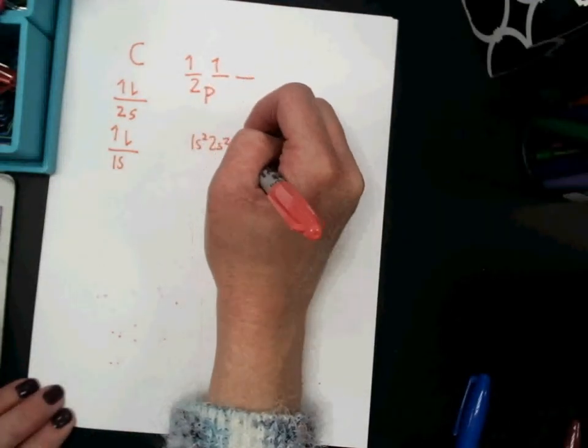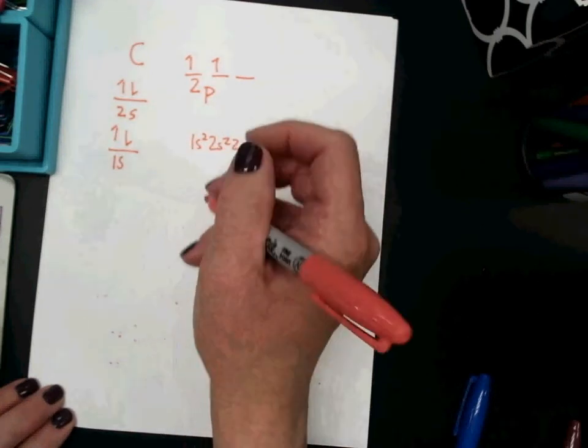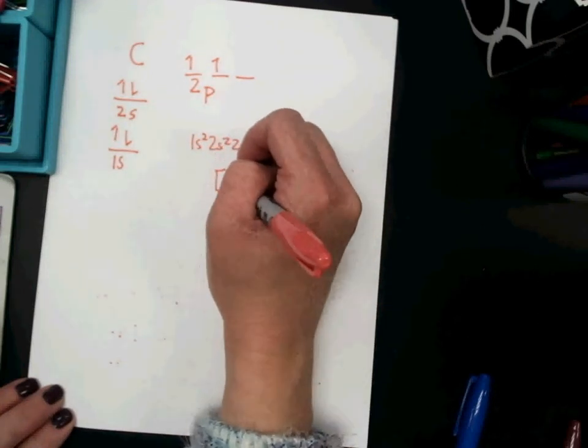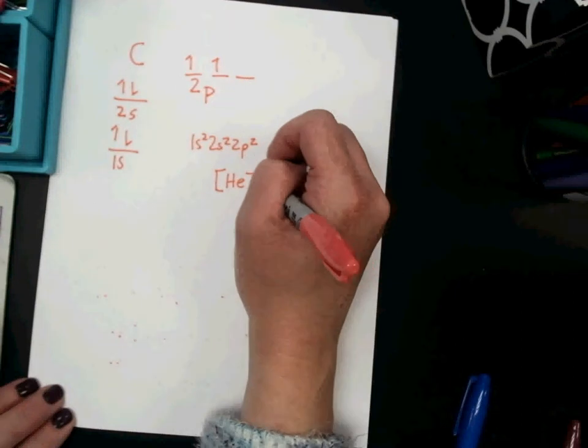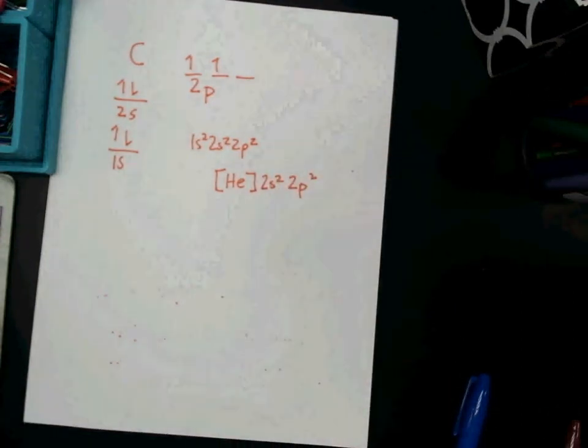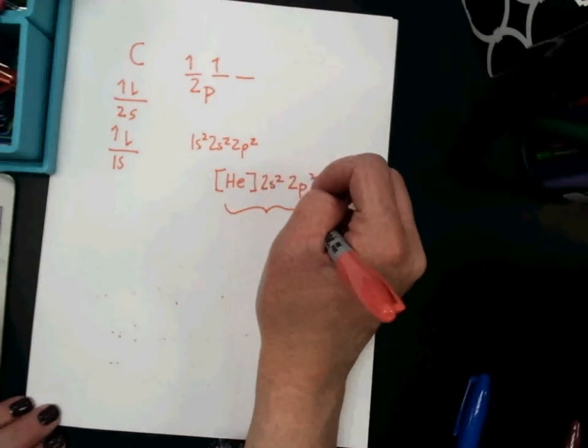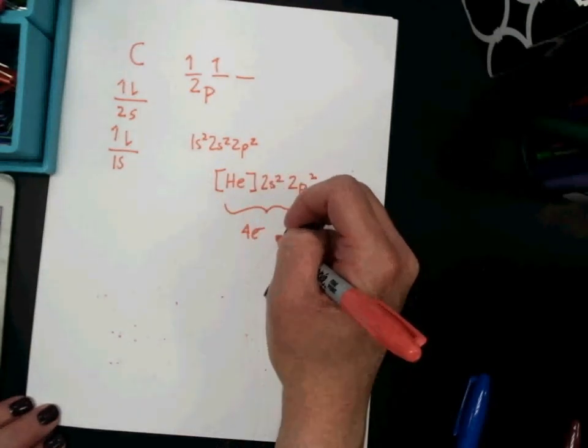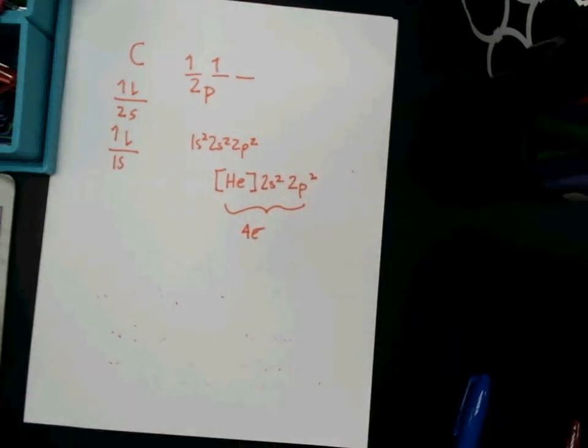Then I could write that as 1s2, 2s2, 2p2, or I could write He 2s2, 2p2. So when I look at that, I can say, okay, this tells me there are 4 electrons, or valence electrons, however you want to say that.